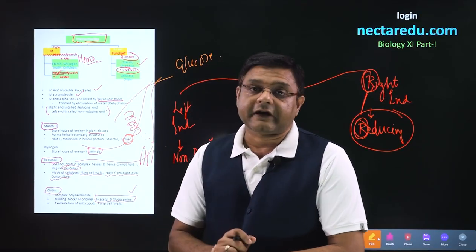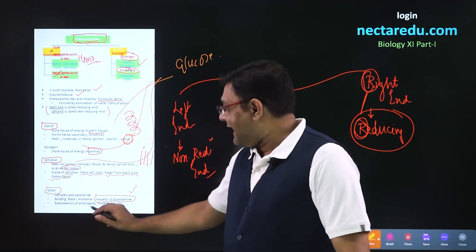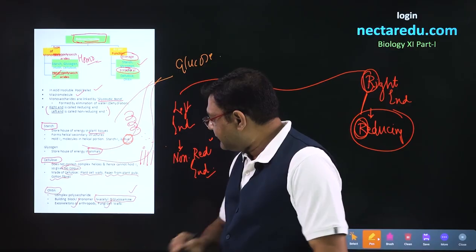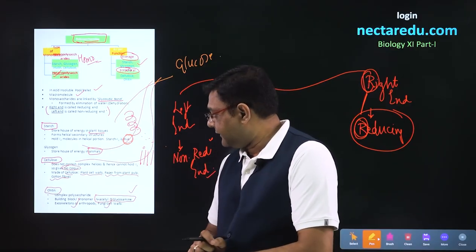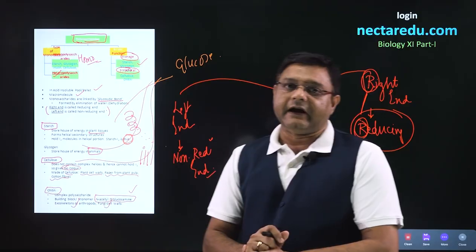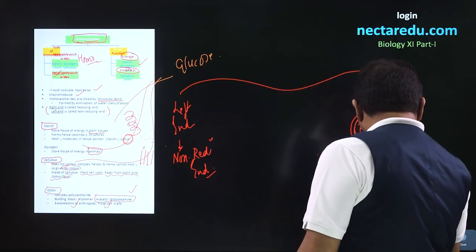Now, where is this chitin present? It is predominantly found at two places. The exoskeleton of arthropods is made of chitin, as well as the fungal cell wall. Along with these different polysaccharides, one more polysaccharide we can talk about is inulin.